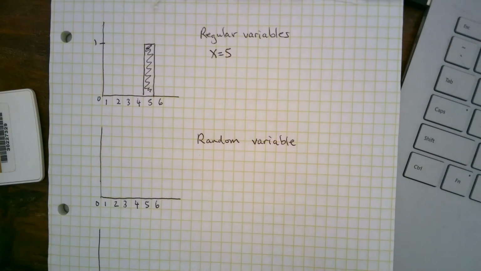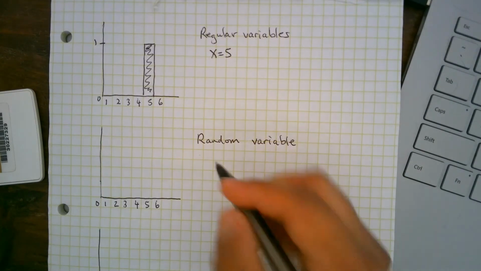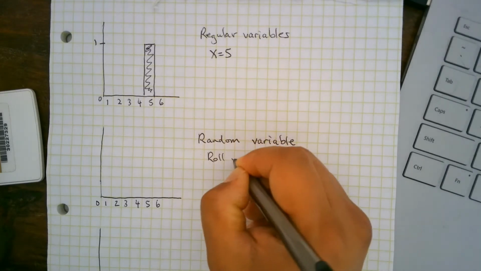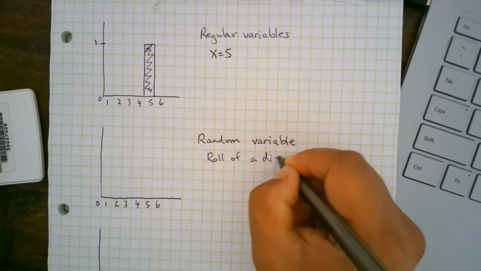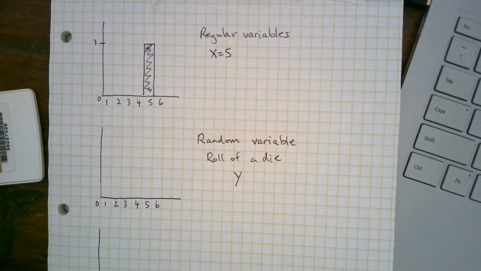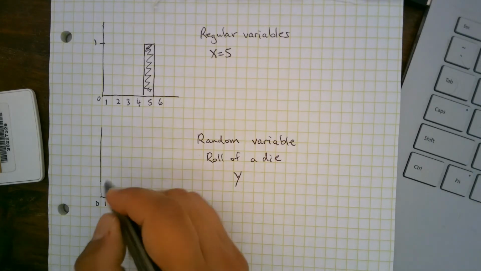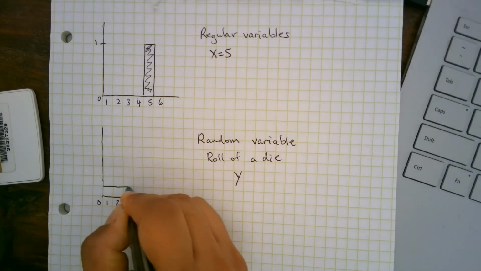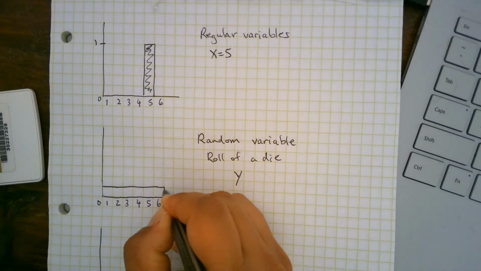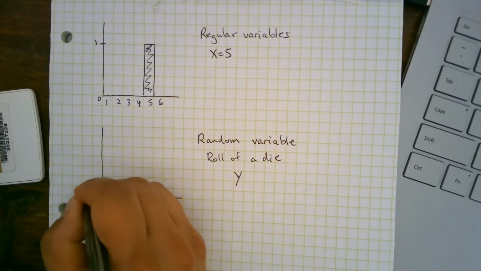A random variable might denote the roll of a die. We'll call this random variable y. So the roll of a die could be 1, 2, 3, 4, 5, or 6, and before you roll it, you don't know what it's going to be. So it could be any of them, each of them with probability 1/6.